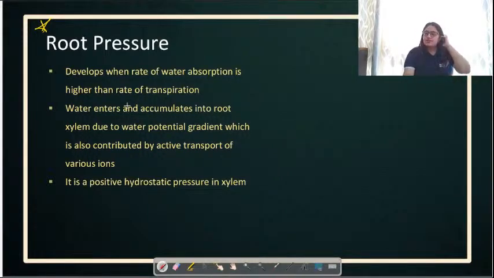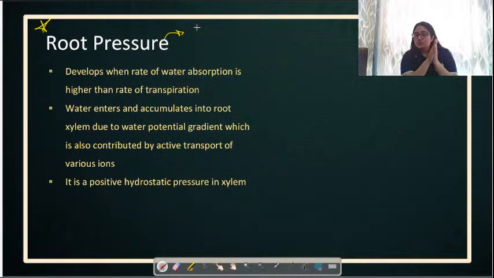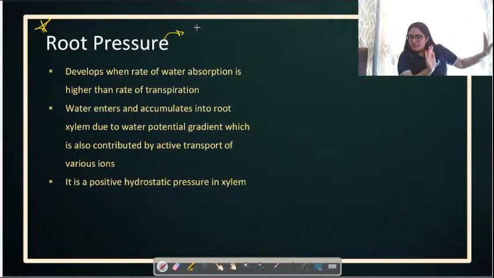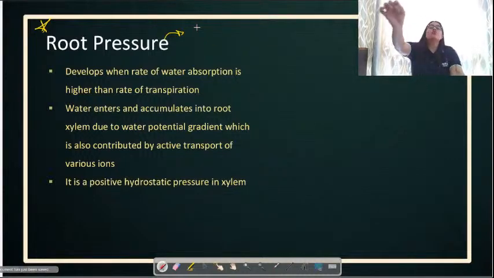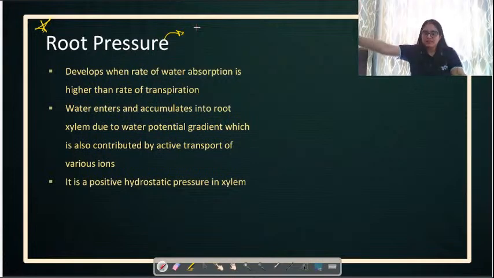So see, students, first of all, let us talk about the condition. When is root pressure going to develop? Root pressure will develop, my kids, when the rate of absorbing water from the soil solution by the root hairs is higher than the rate at which water is lost from the leaf surface in the form of vapor during transpiration.